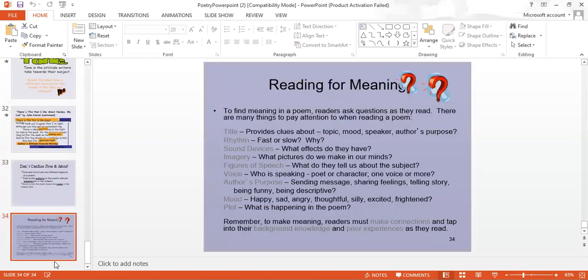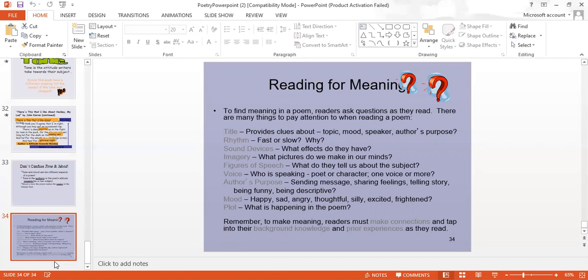Then reading for meaning. When you read a poem, you don't just read it. There's always a hidden meaning in poems, right? So you should read a poem to get the meaning. To find meaning in a poem, readers ask questions as they read. There are many things to pay attention to when reading a poem.